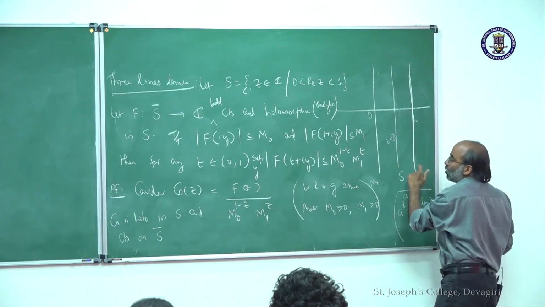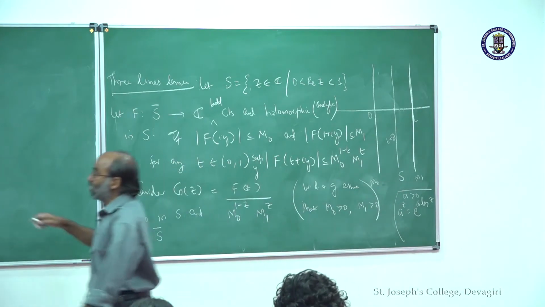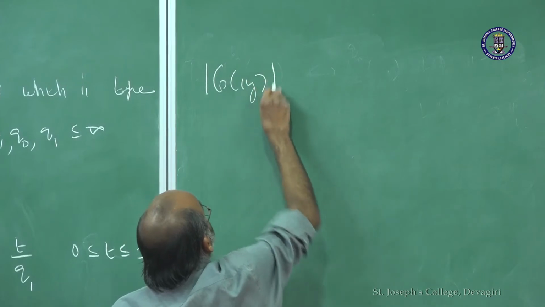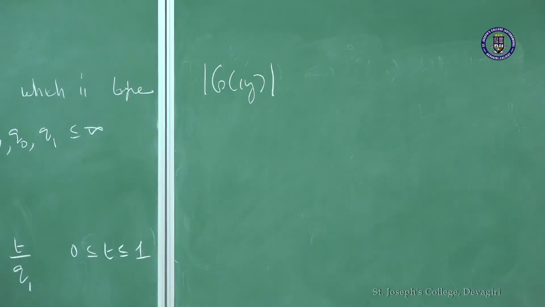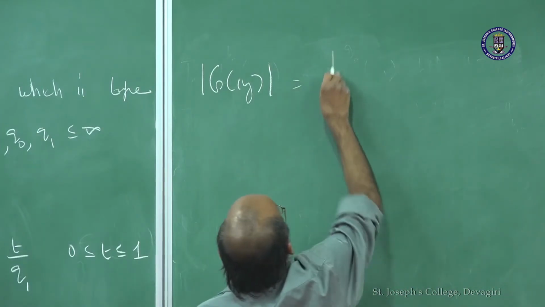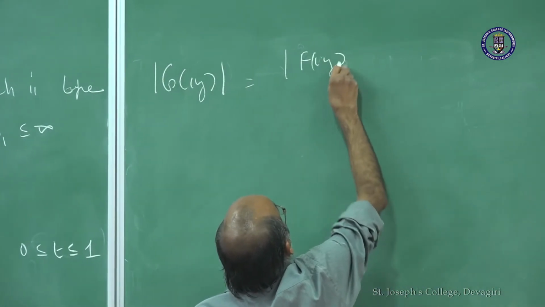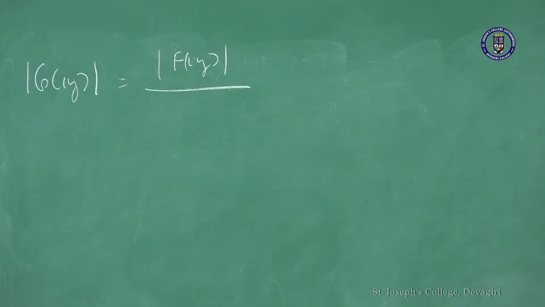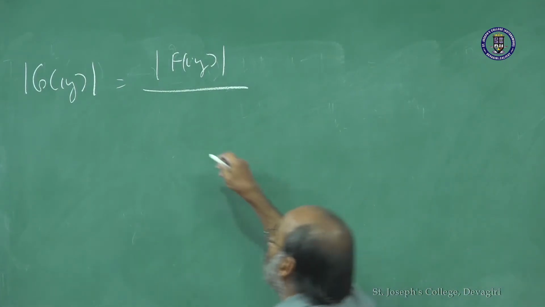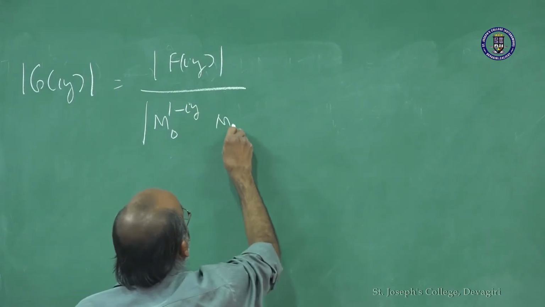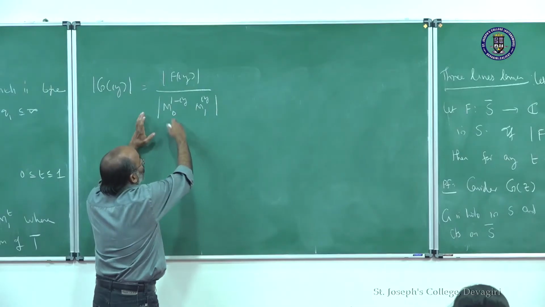So let's see what happens to the new function on the line. Let's look at modulus of g of iy. What is modulus of g of iy? Well, we have f of iy, and iy is the imaginary axis. So modulus of f(iy) divided by modulus of m0 to the 1 minus iy and m1 to the iy.